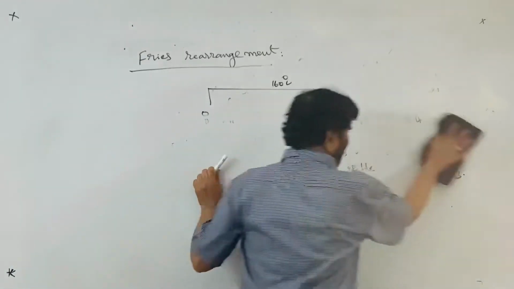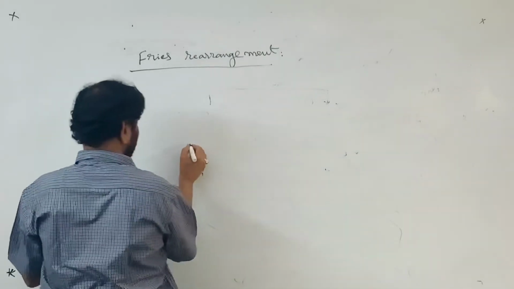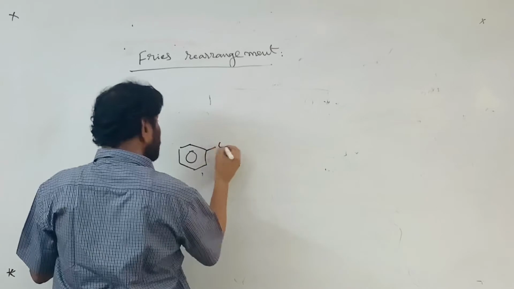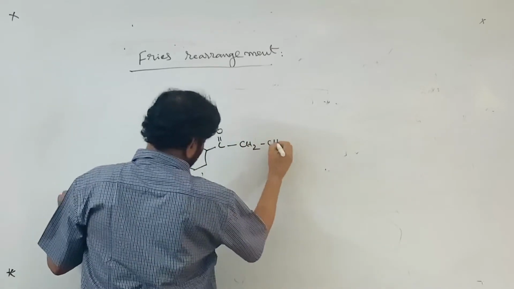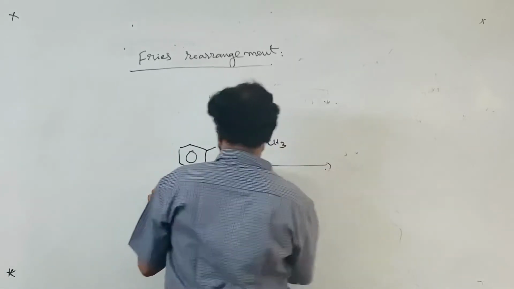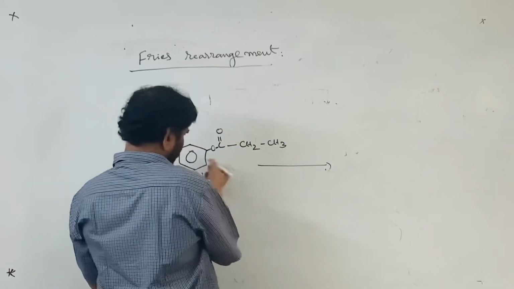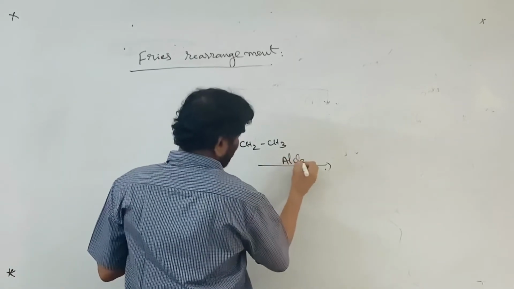And the next one: you take the phenyl acetate, not phenyl, phenyl benzoate or phenyl ethanoate. Let me take the phenyl ethanoate. This is the phenyl ester of propanoic acid, with AlCl3 and heating.